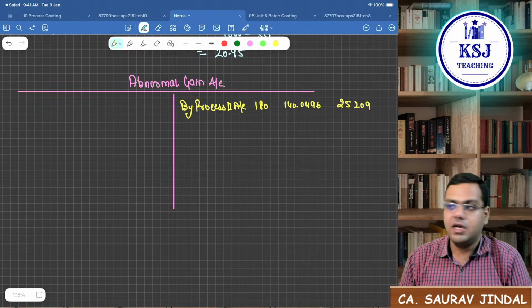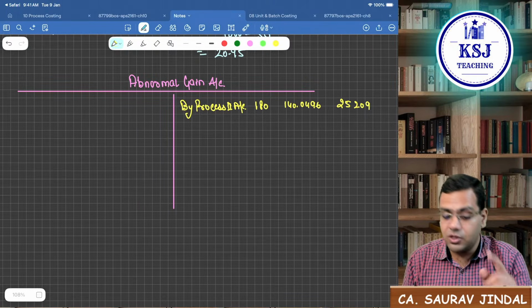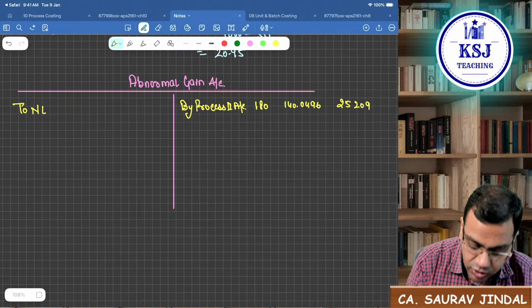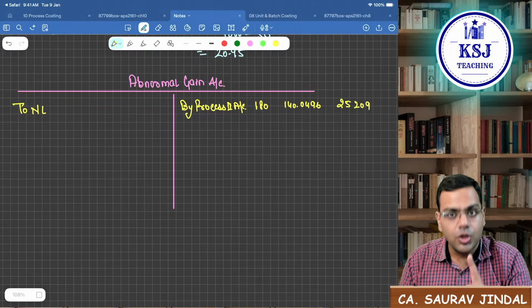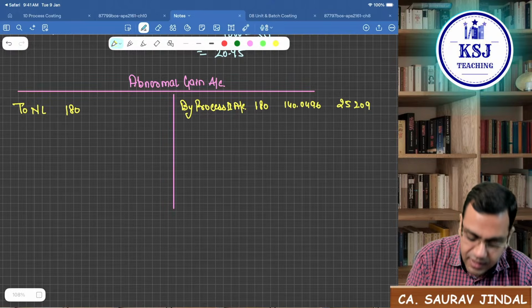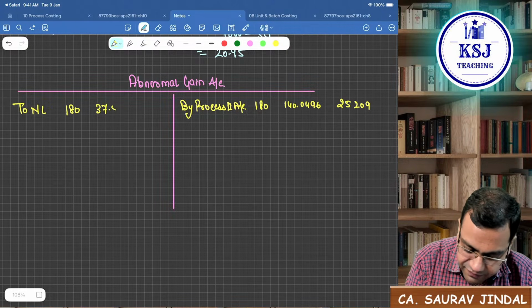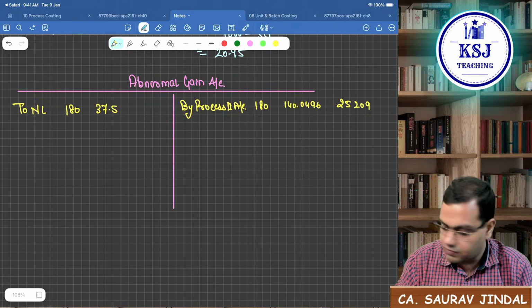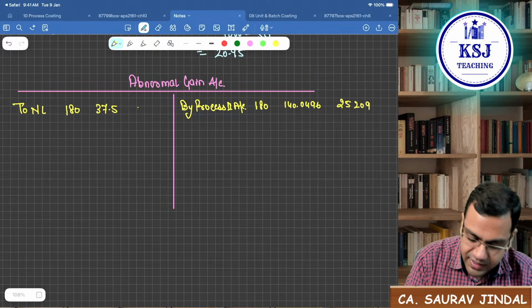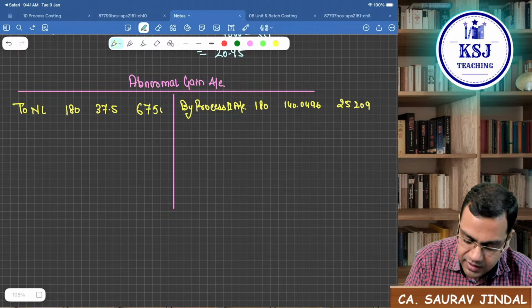Now, whatever is the scrap value, how will you record the scrap value here? See to it very carefully. So here we will write to normal loss, 180 units at 37.5. So 180 into 37.5, that is 6,750.